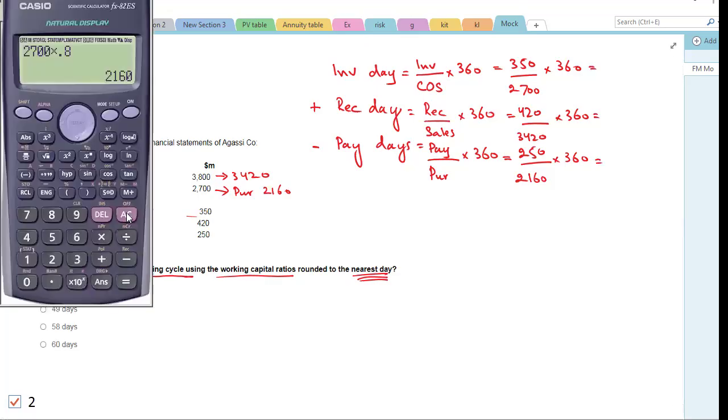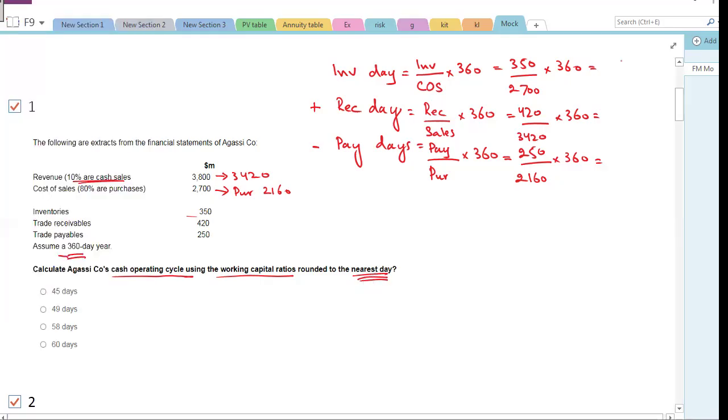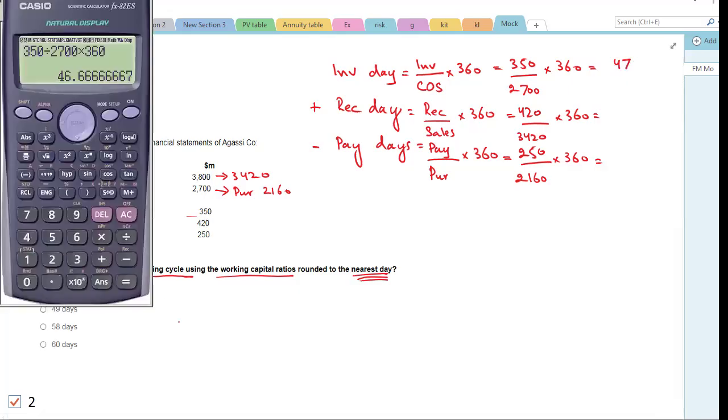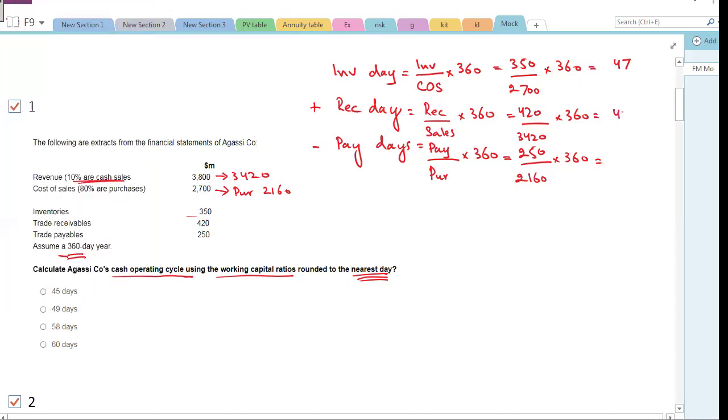Okay, so 350 divided by 2,700 into 360. This will be 46.66, but we'll avoid that because we have to do it to the nearest day. So you can say it's 47 days. Then we have 420 divided by 3,420 into 360. So that will be 44 days.